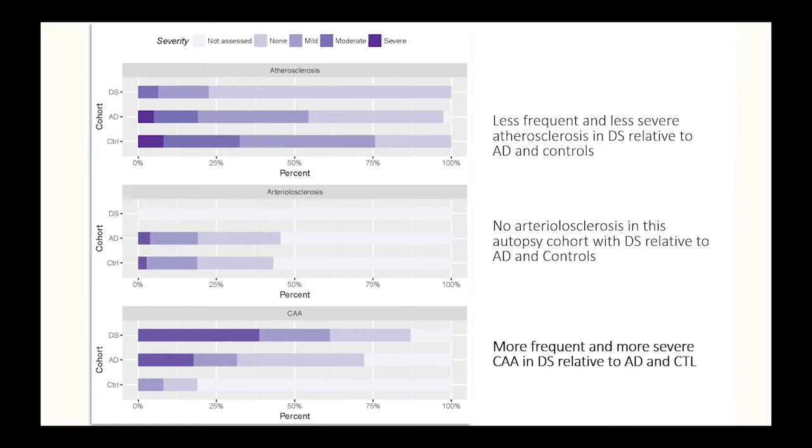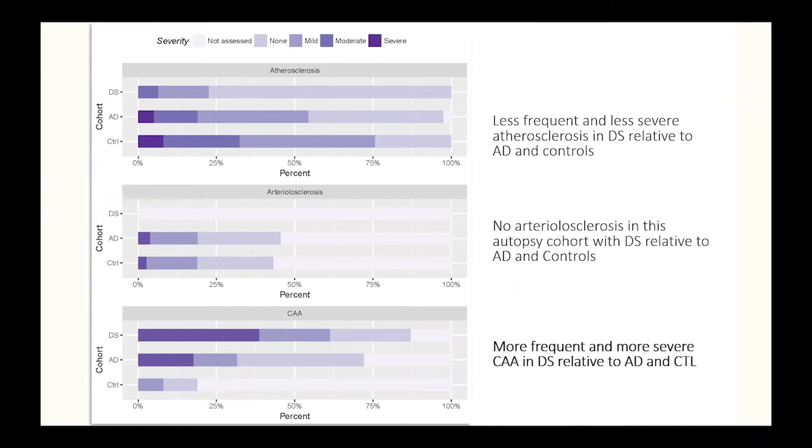The darker colors are more severe. Here are our cohorts, DS, AD, and controls, and each graph represents a different outcome measure. So atherosclerosis, not surprisingly, is less frequent in brains of people with Down syndrome, more frequent in Alzheimer's disease, and in our subset anyways, we had even more frequent atherosclerosis in our controls.